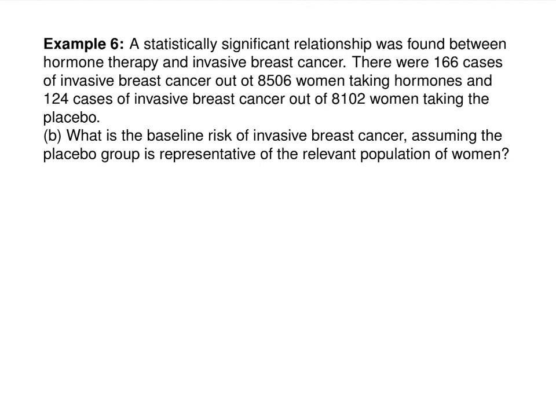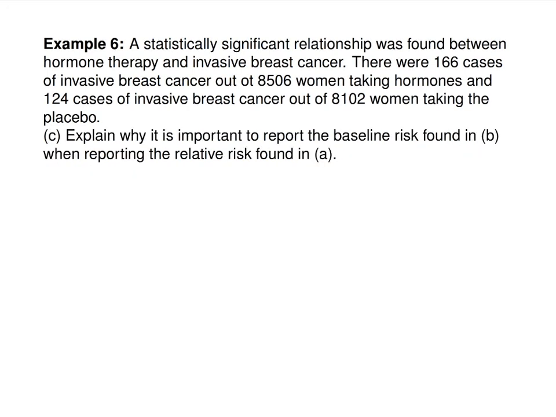So what is the baseline risk of invasive breast cancer, assuming the placebo group is representative of the relevant population of women? Well, that would be what we found above, which was 1.53%. So breast cancer occurs in 1.53% of women anyway.